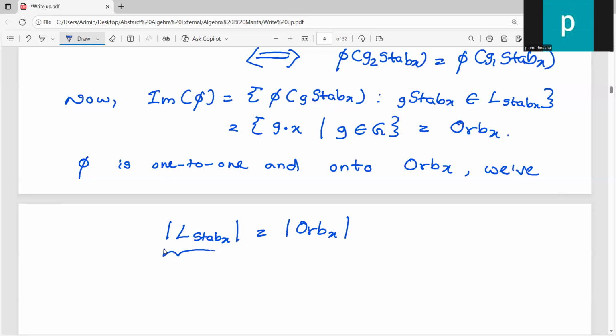And what do we have over here as the number of elements in the domain? The number of left cosets of the stabilizer of X in G.